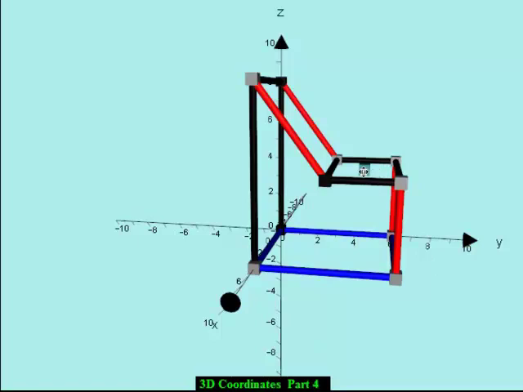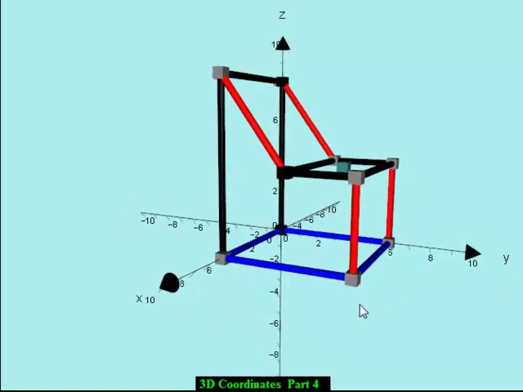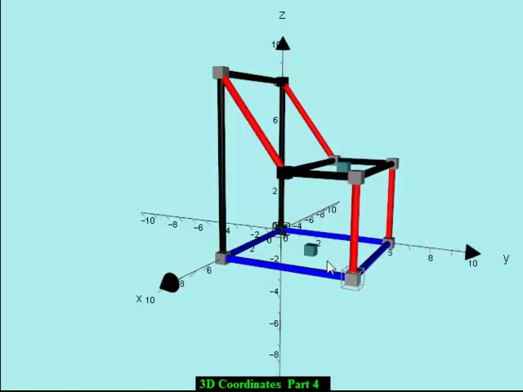Finally, what do you think the coordinates of the midpoint of the line joining the origin to the point H are? It's where the diagonals of the square meet, this square here. Any idea? Well, it should be easy. It's in the xy plane. It's like a point on the floor of your room.